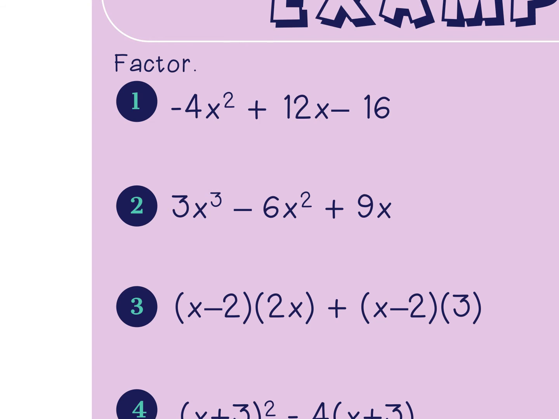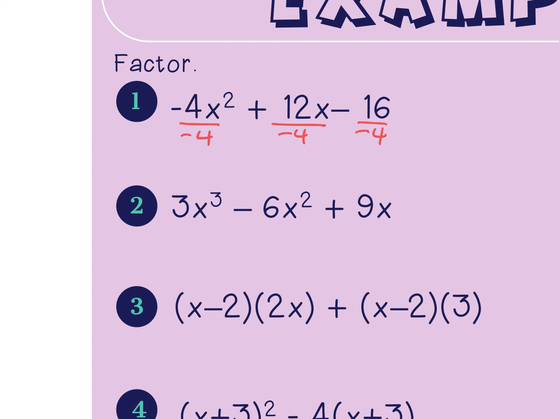So I'm going to actually pull out a -4 as my GCF. Because this one, we're not going to factor it further, I could have also pulled out a +4, but again, when it's a trinomial, always try to keep that x squared term or whatever variable is squared positive.